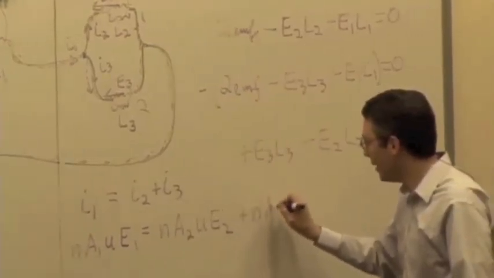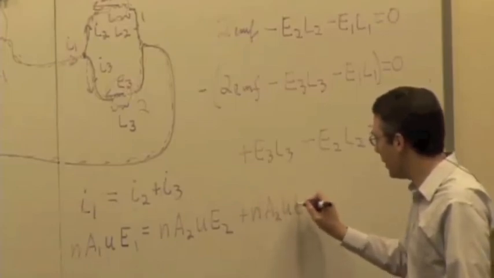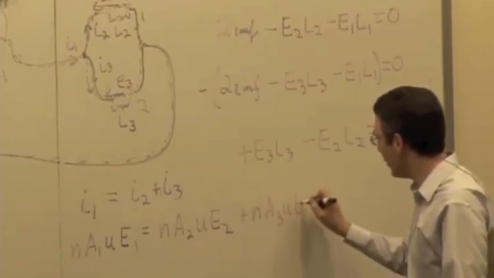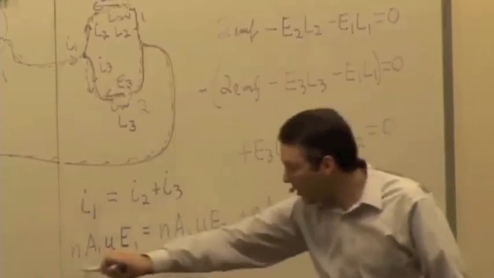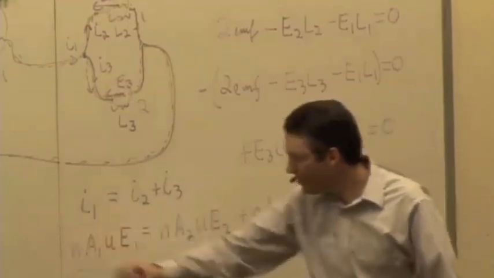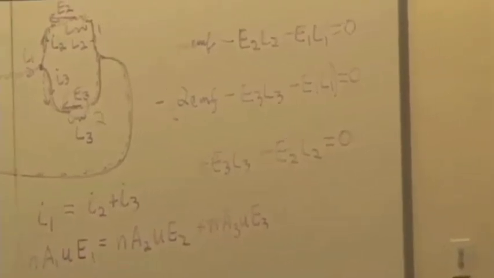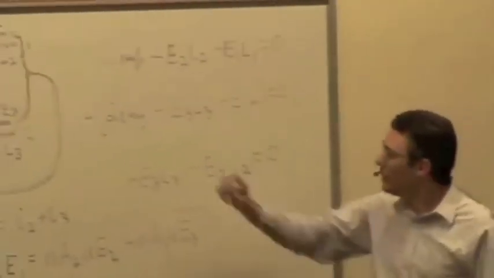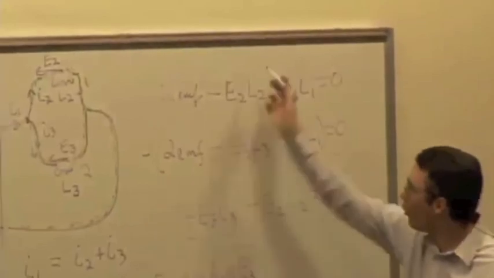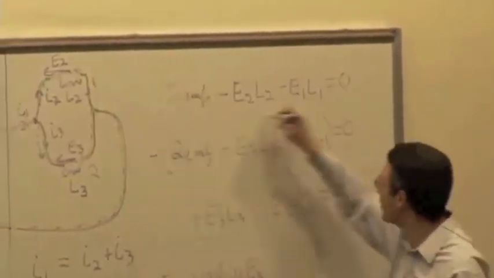So there's an equation with 3 unknowns. Presumably we would have the other symbols, n, A, and u. There's an equation and there's an equation.